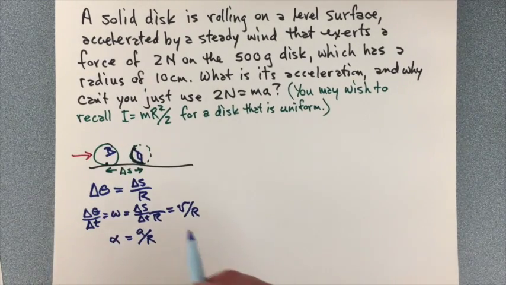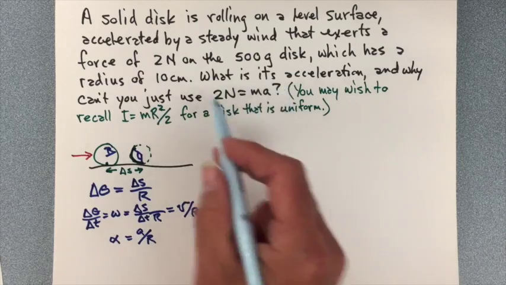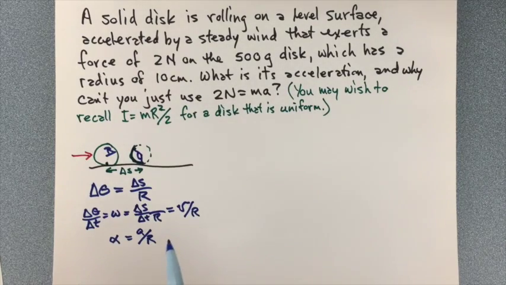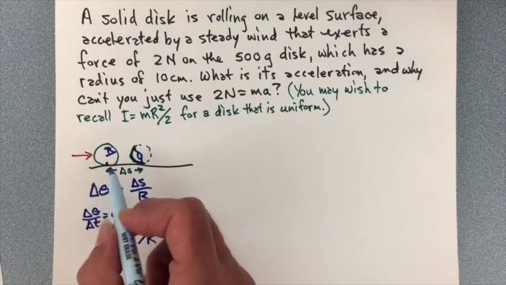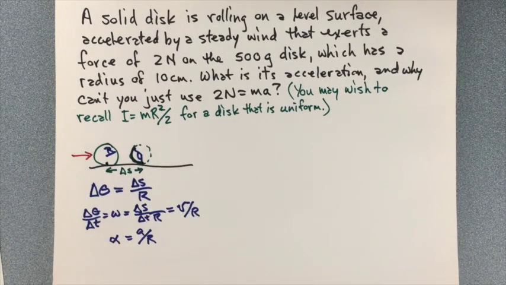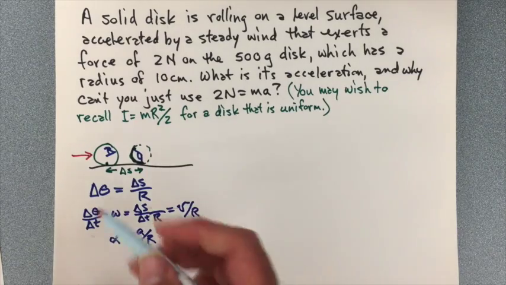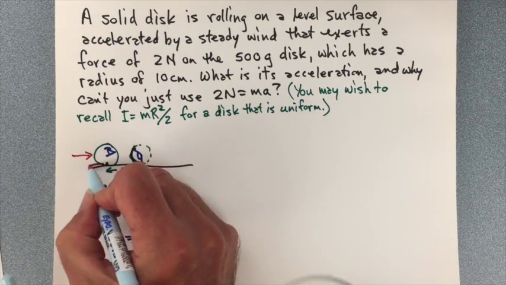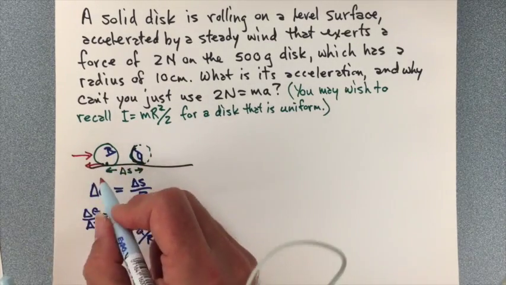Let's now address this question of why is it we can't find its acceleration by just taking 2 newtons and setting that equal to ma? The reason is there's a sneaky other force in here. This other force is a force of friction that keeps this thing in contact with the board here.